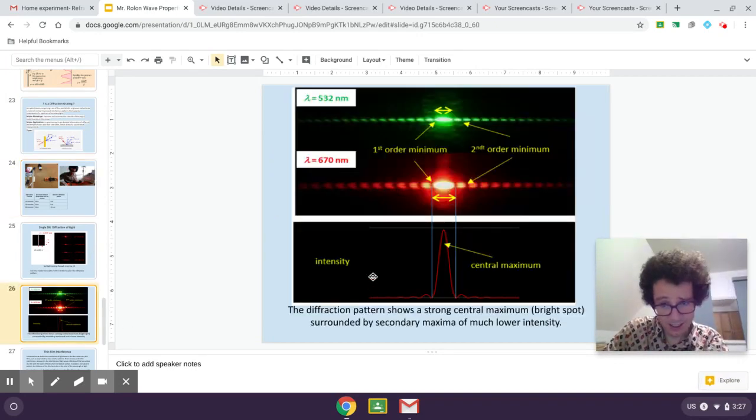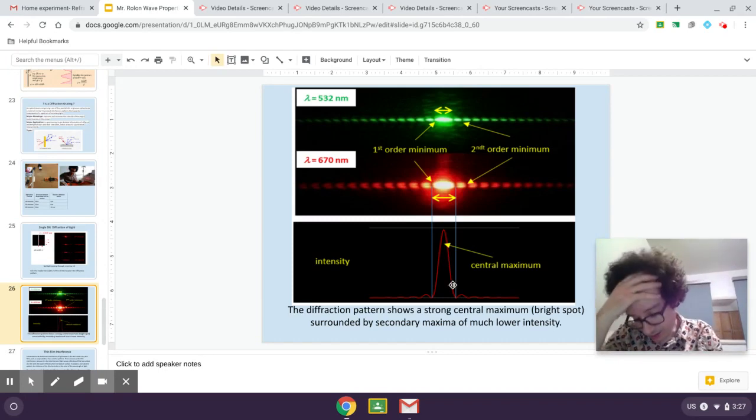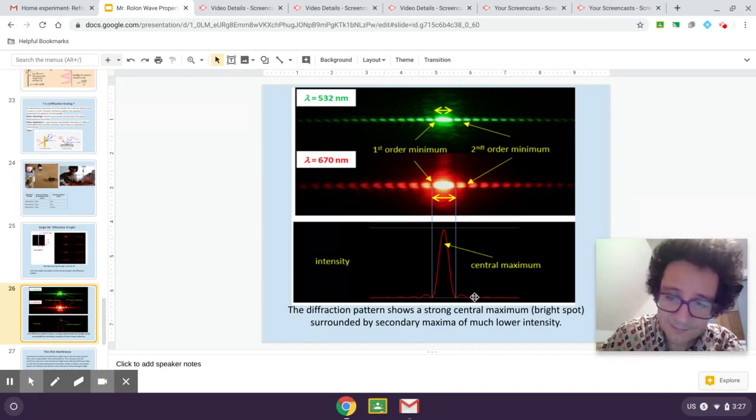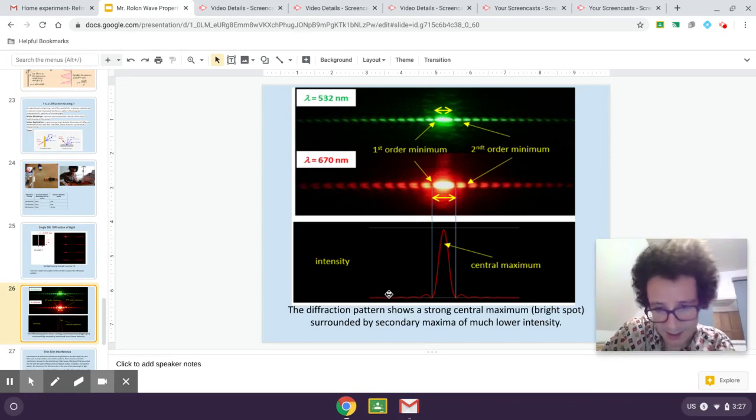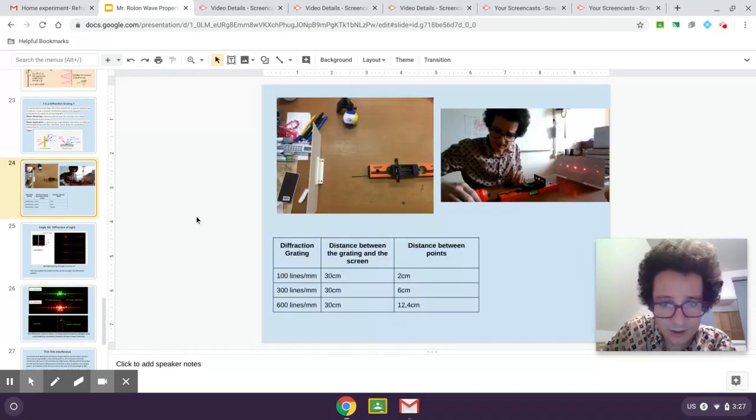And as I was telling you in the video also about the demonstration, the dot in the middle is always the most intense, and to the right and to the left it loses that intensity. So if we make a graph of the intensity, it would be something like that. Look here.